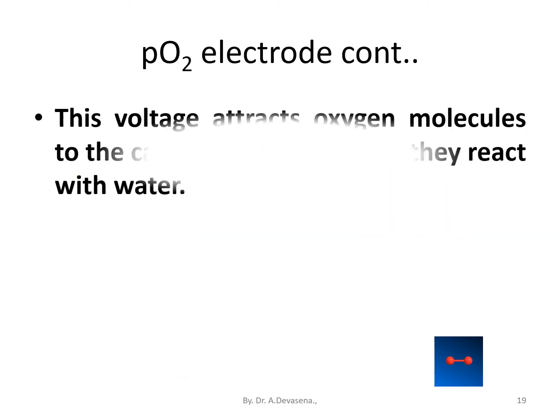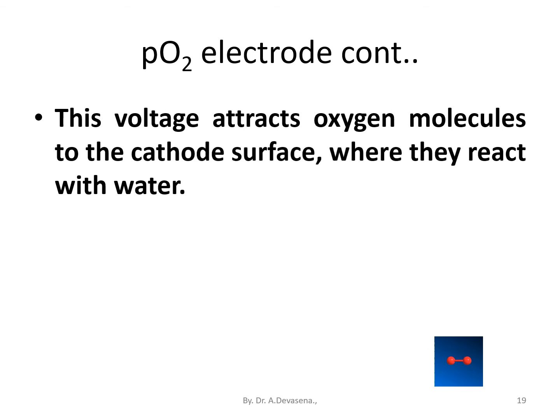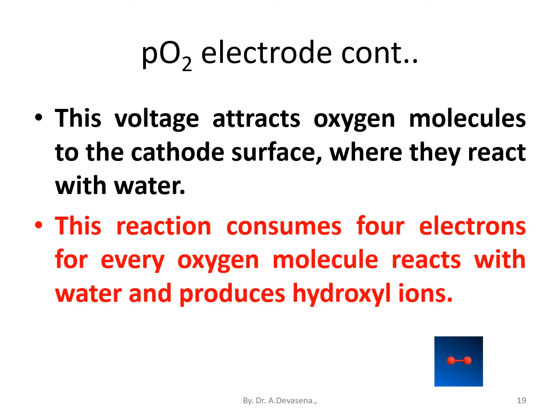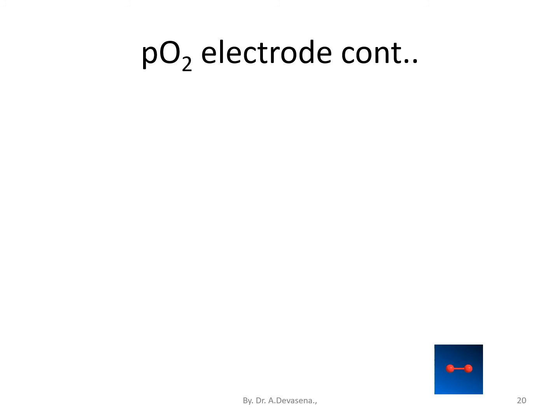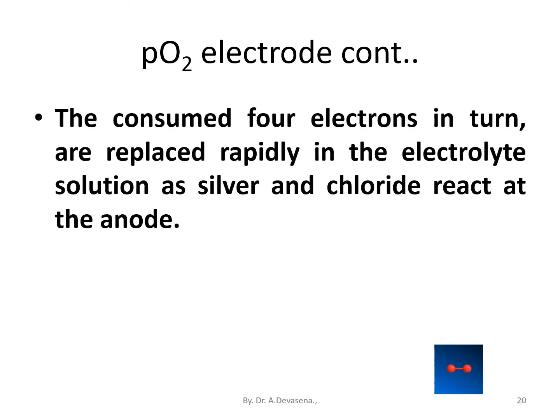This voltage attracts oxygen molecules to the cathode surface where they react with water. This reaction consumes 4 electrons for every oxygen molecule that reacts with water and produces hydroxyl ions. The consumed 4 electrons in turn are replaced rapidly in the electrolyte solution as silver and chloride react at the anode.